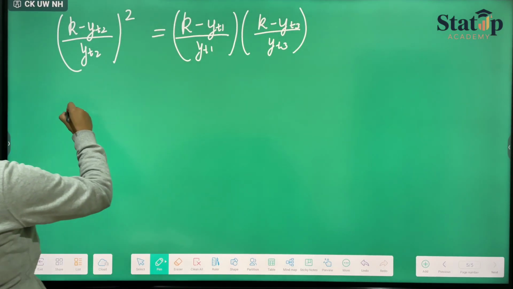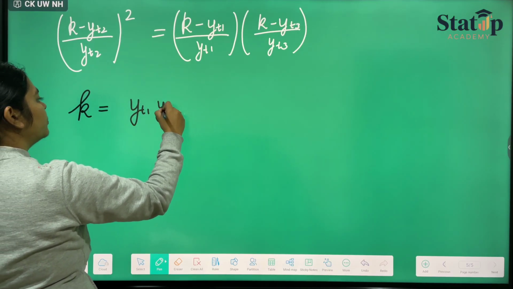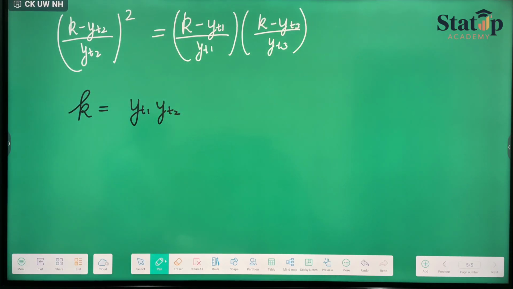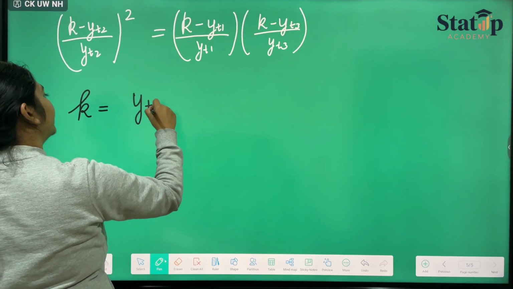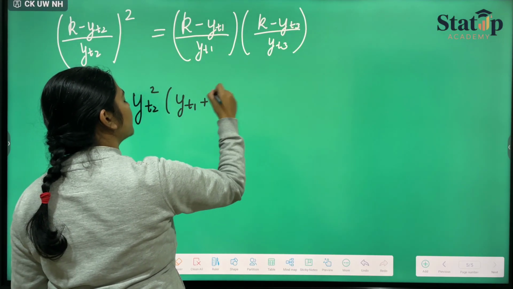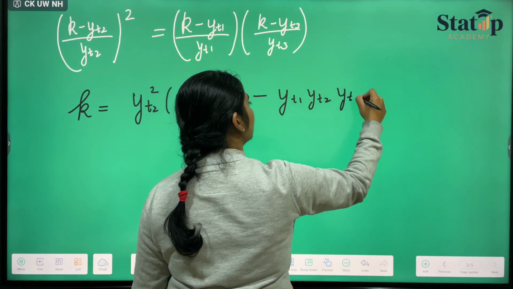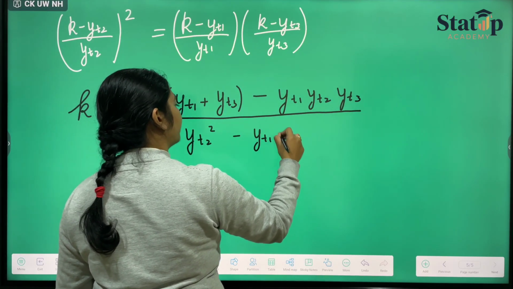On solving this for y, we will get the value of k as y_t1, y_t2 square, y_t1 plus y_t3 minus 2 y_t1 y_t2 y_t3 upon y_t2 whole square minus y_t1 y_t3.